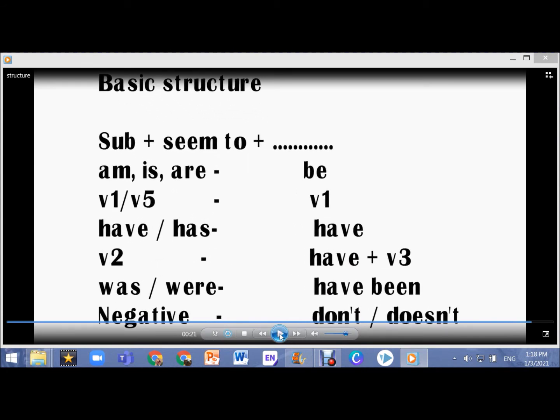These are the fundamental structures we need to remember before starting the exercise. I will explain how to write with examples later on. But before starting, please write down those structures in your exercise copy and remember them. If you know those structures, you can solve any kind of exercise.